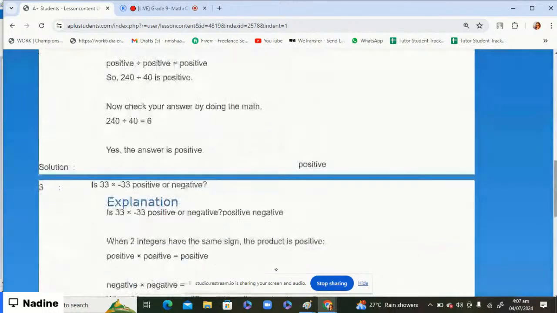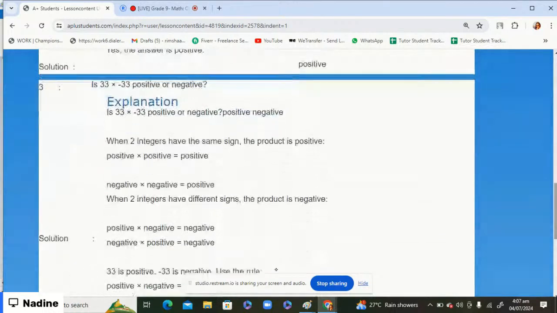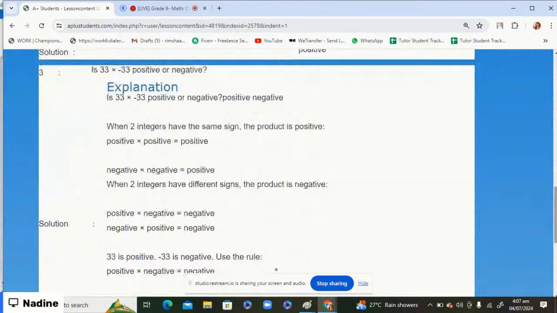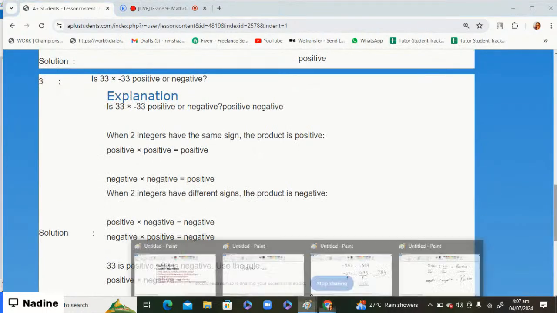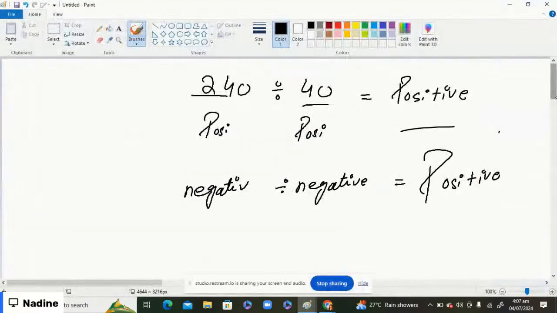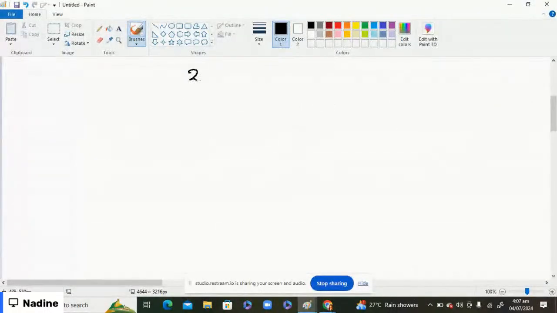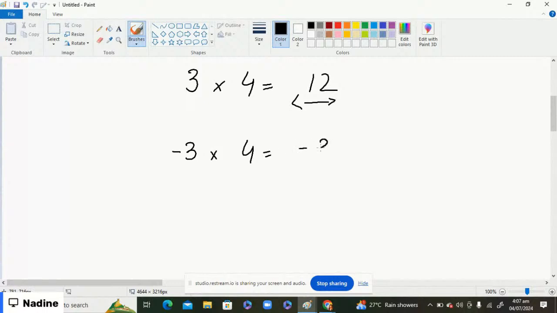Now look here. For multiplication, it's different. If positive integers, for example 3 is positive, 4 is positive, then you get the answer positive. But if there is one negative and one positive, then you get the answer negative. This is different for multiplication.